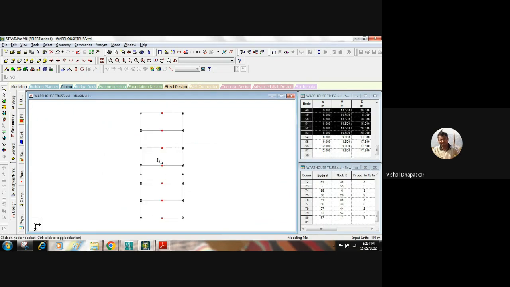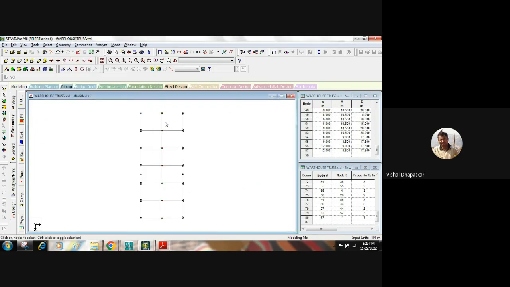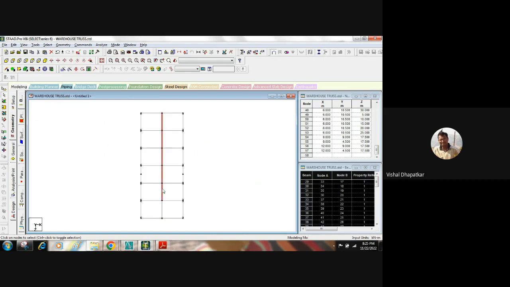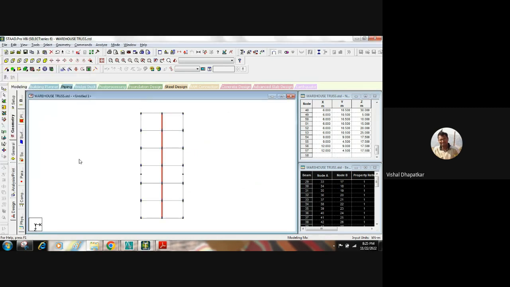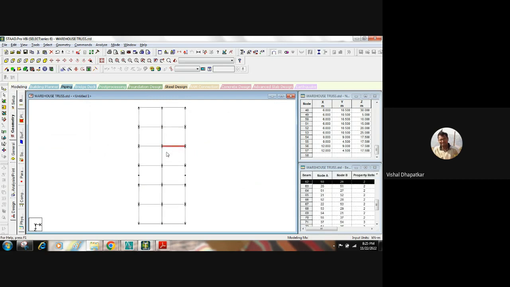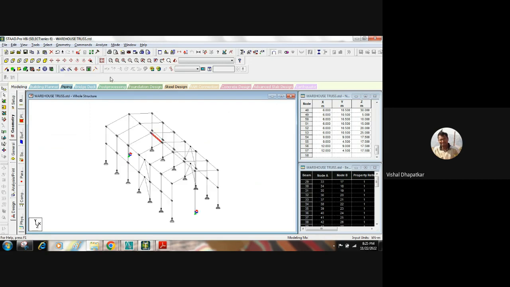We'll just add a beam here. So all these members will be released members. We cannot provide a moment connection for these beams because these beams are connecting to the web of the rafter, right?